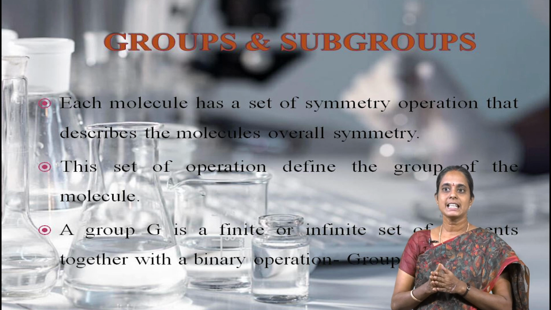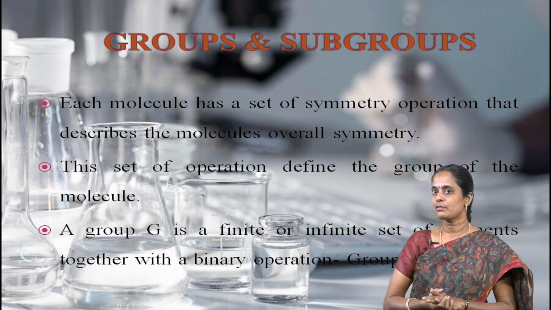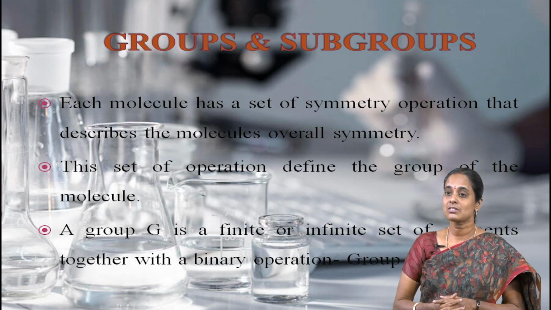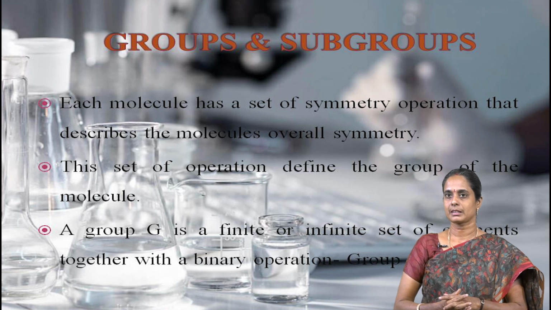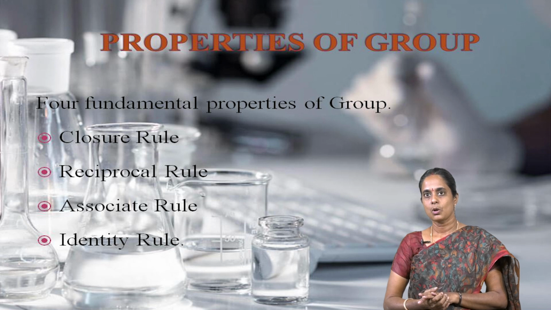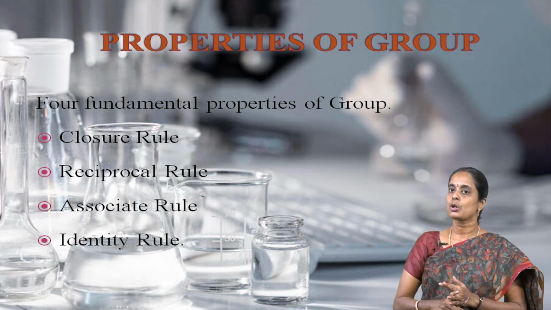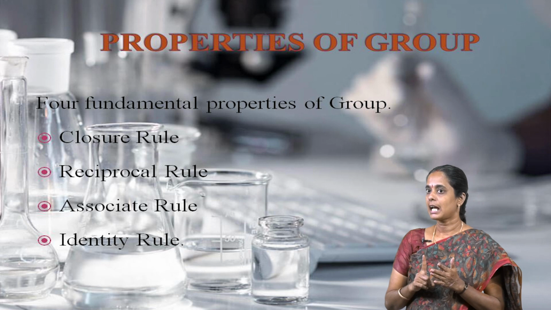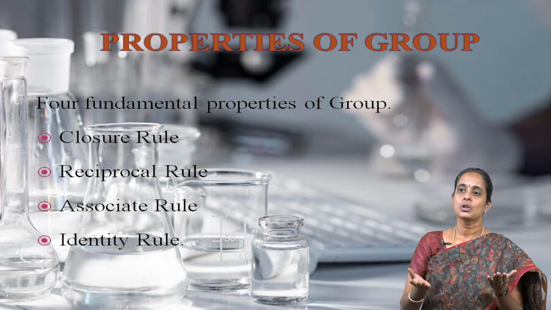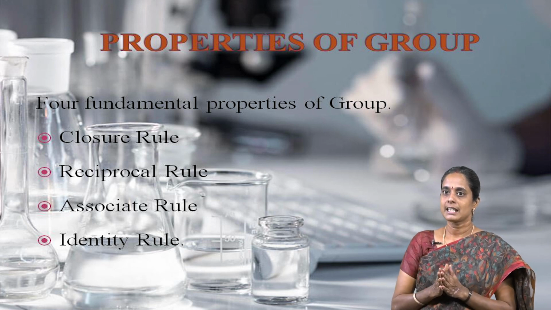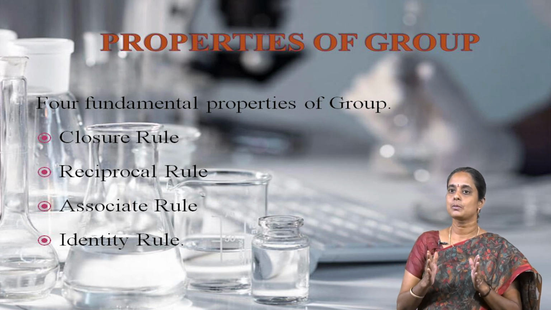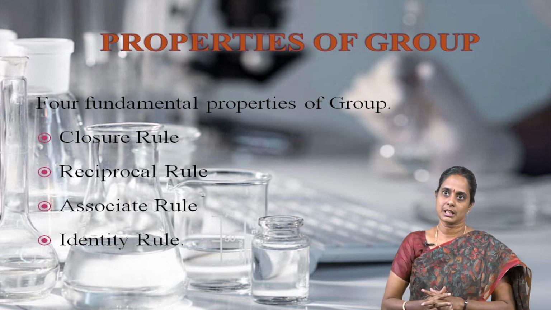A group G is a finite or infinite set of elements together with a binary operation, known as the group operation. In a group, there are 4 fundamental rules: the closure rule, reciprocal rule, associative rule, and identity rule. The operation with respect to which a group is defined is often called the group operation, and the set is said to be a group under this operation.